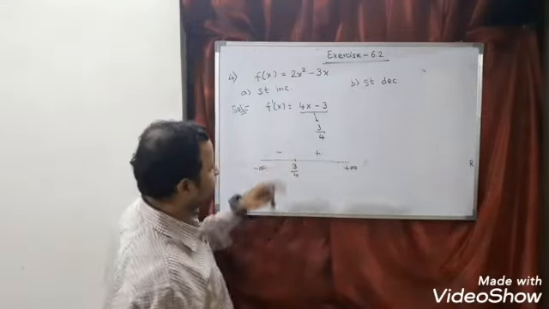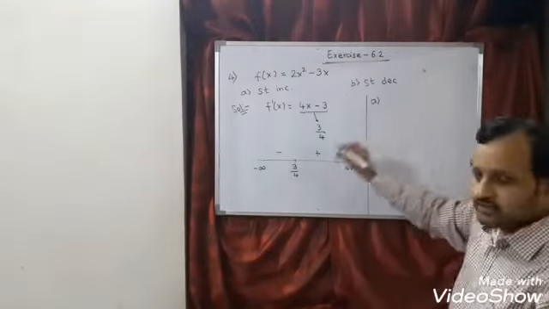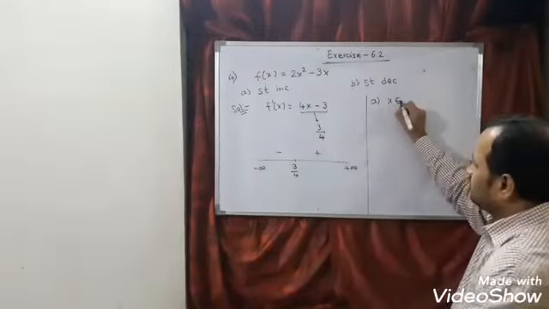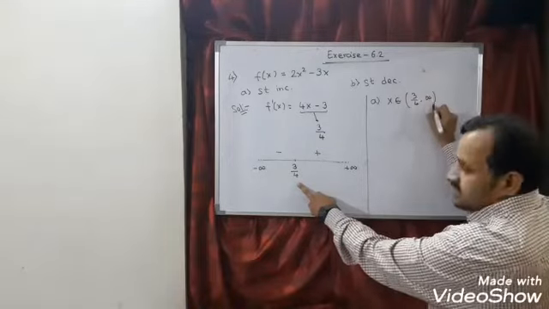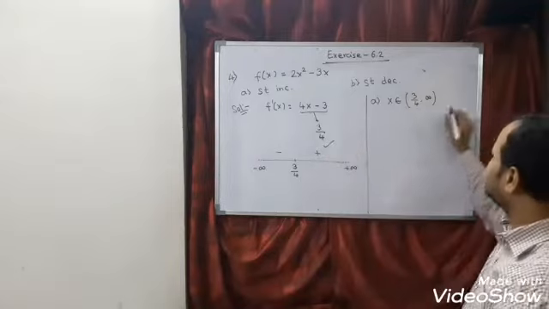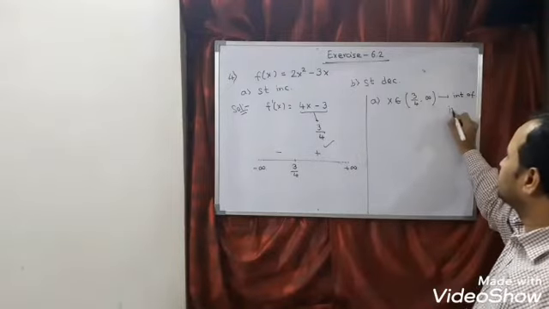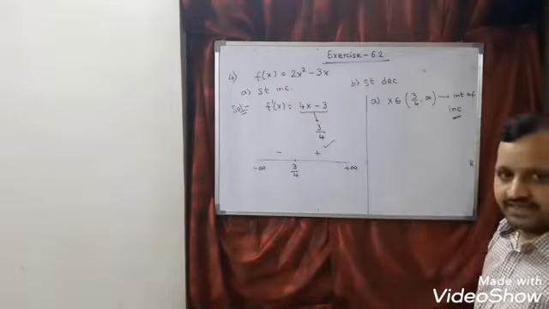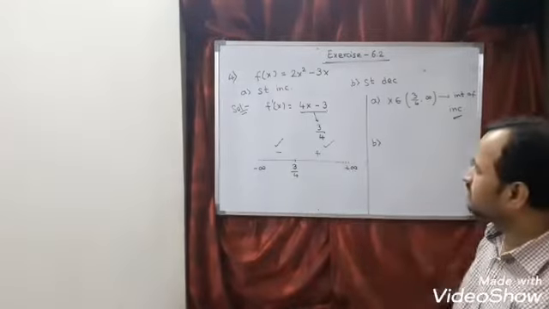Interval of decreasing. So here I can say, x belongs to 3 by 4 comma infinity. This is the interval of increasing. Similarly, the negative sign represents decreasing.